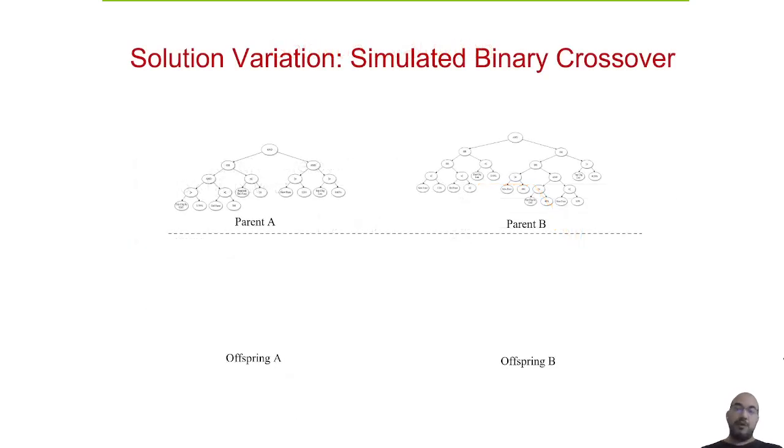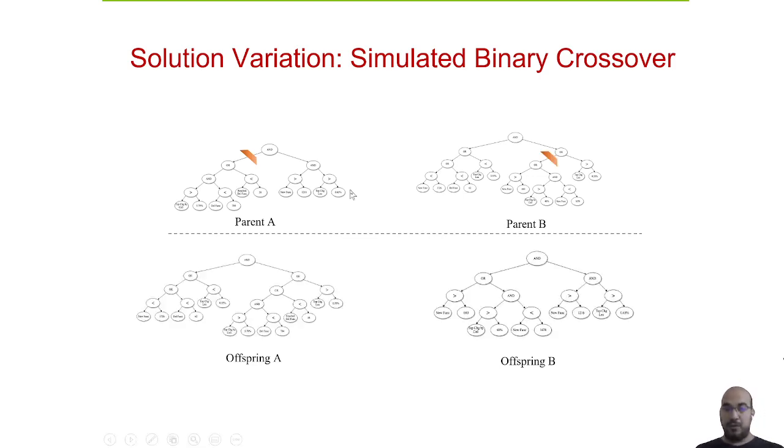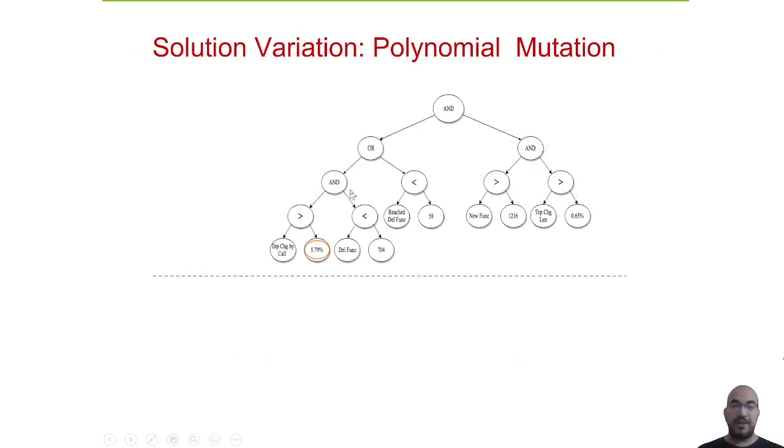Next, we will look at how we will evolve the solution. Since we are using NSGA2, we have to implement and encode two recombination operators. The first one is the simulated binary crossover, in which we take the decision trees that we have developed from parent 1 and parent 2, come up with a split, and then exchange the trees to create our offspring.